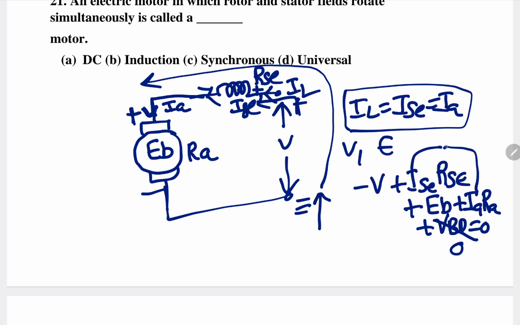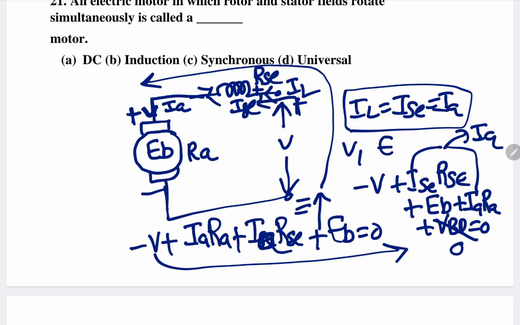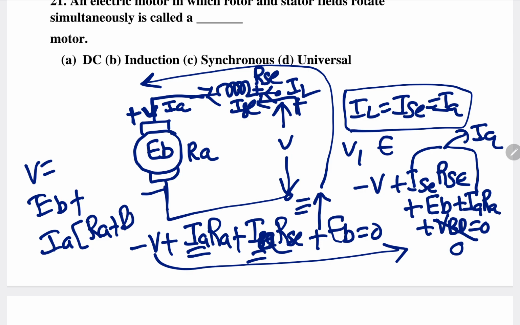Isc and Ia are the same, which I take as Ia. So minus V plus Ia Ra plus Isc Rsc plus EB is equal to 0. Isc is also equal to Ia. Then V is equal to EB plus Ia, taking Ia common, Ia into (Ra plus Rsc).